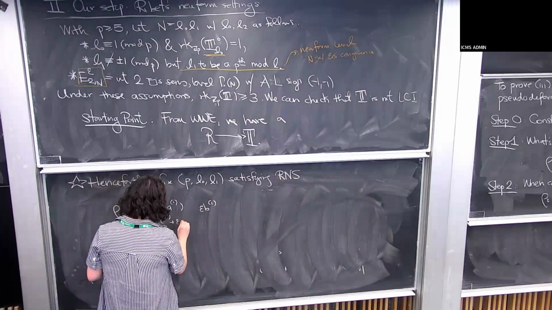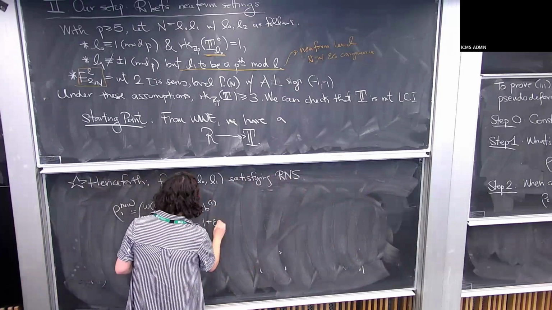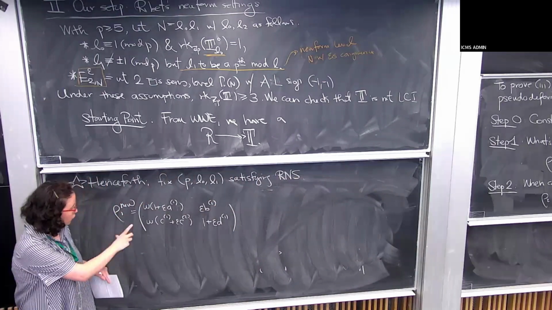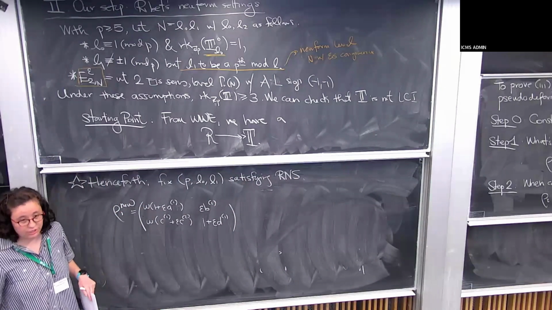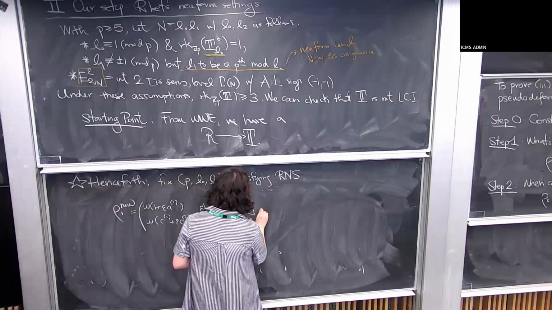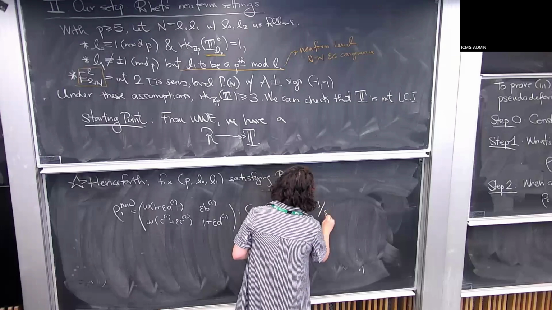I'm going to write it and then I'll explain what I'm writing. So this is the form of it. As before, I'm trying to write this carefully as a matrix homomorphism, going from G_Q into F_P epsilon mod epsilon squared.